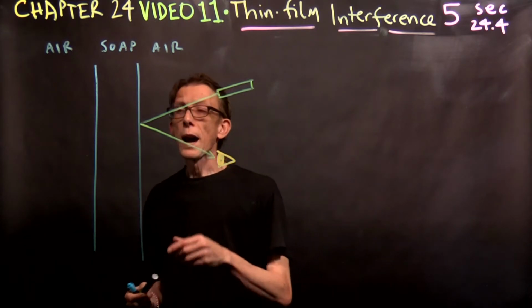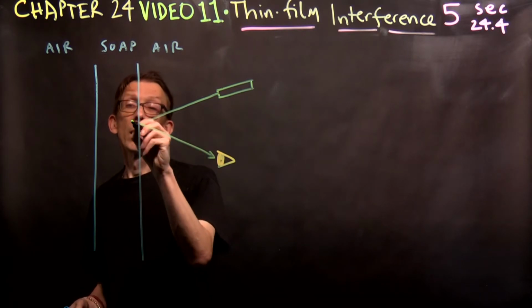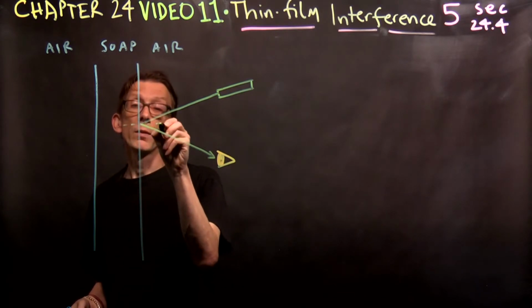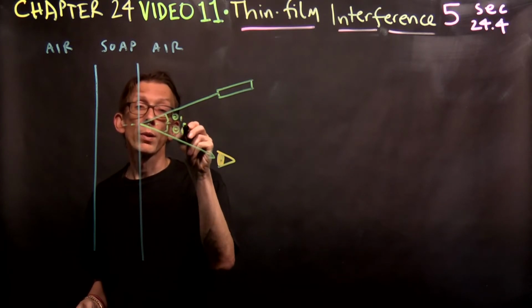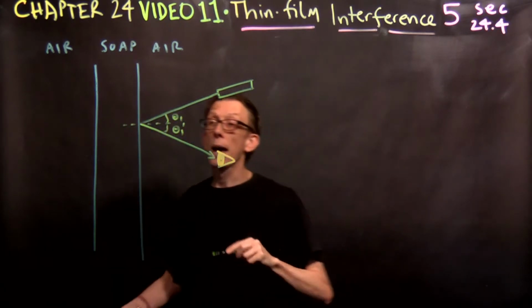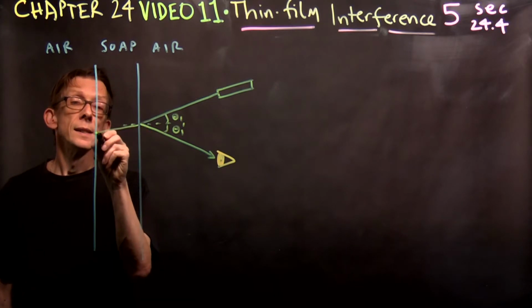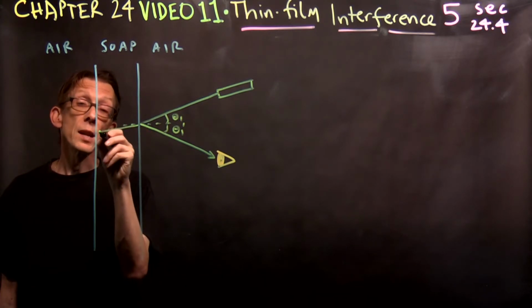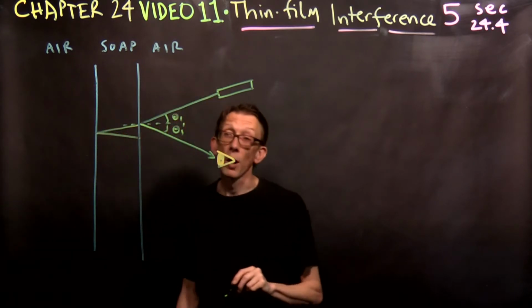Now, in reality, this is a reflection. So we've got the normal there. We've got our angle of incidence, theta 1, our angle of reflection, theta 1 prime, right? And then what happens is some light is going to be refracted in, right? And some of that light is going to be reflected off the back of the soap.